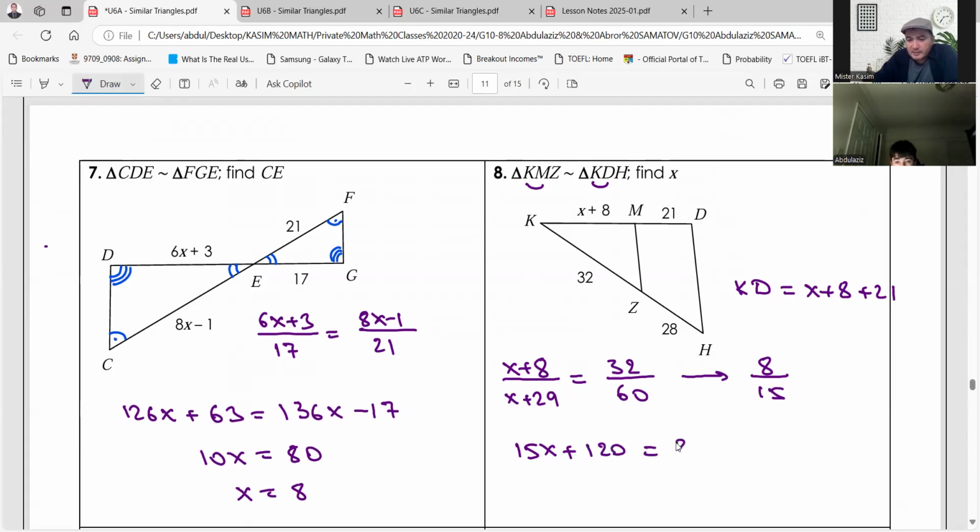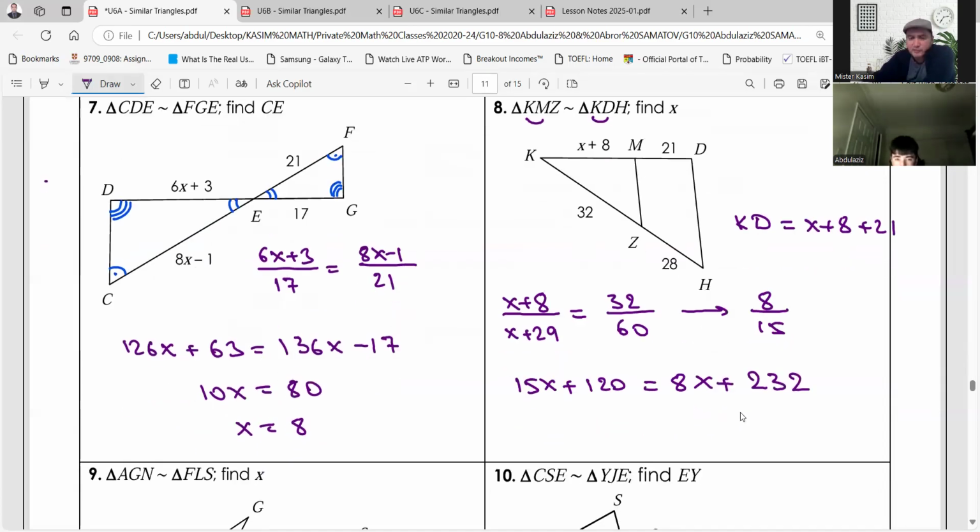8 times x, it is 8x. What is 8 times 29? 8 times 30, 240, right? Minus 8, it should be 232. I just cross multiplied.